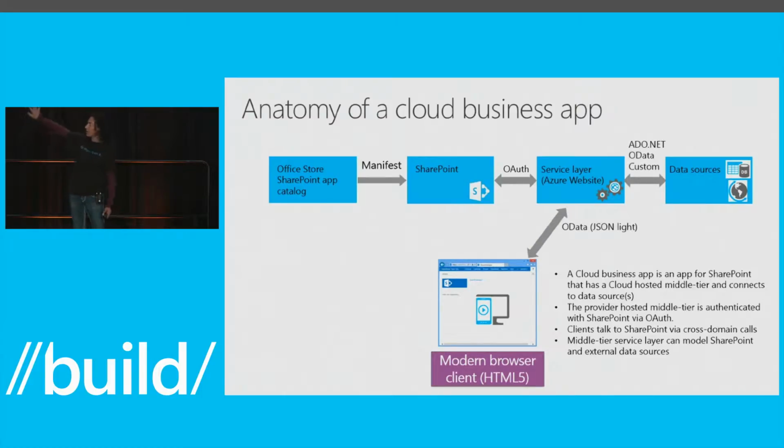And then from there, that's your web application. This is all just standard web application happening. You can use ADO.NET, OData, custom data sources that talk to your service layer. You're creating OData services using JSON-Lite to return that data back to the client. And the client is a modern browser.